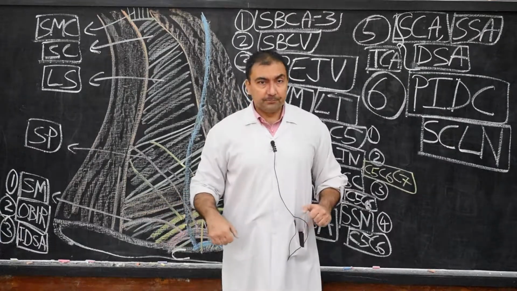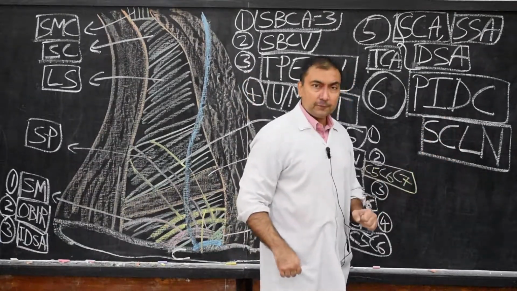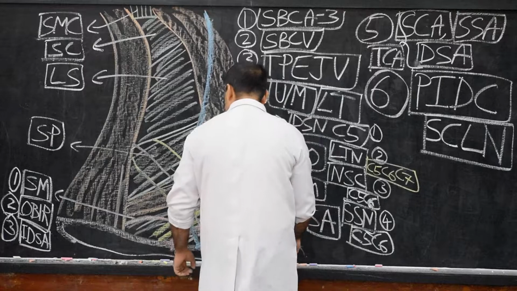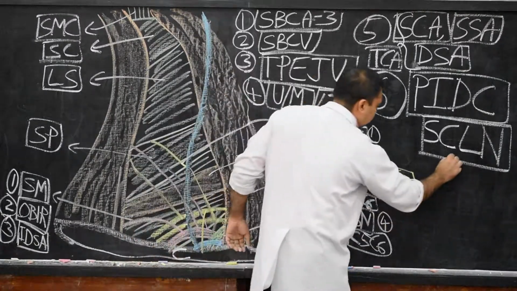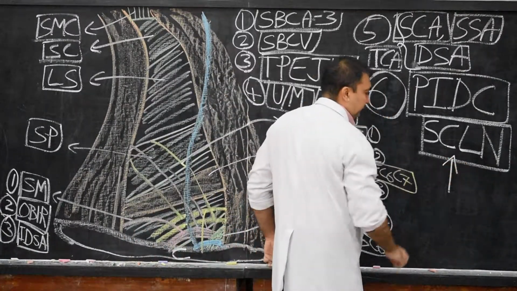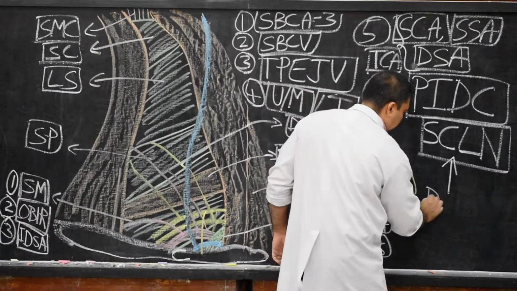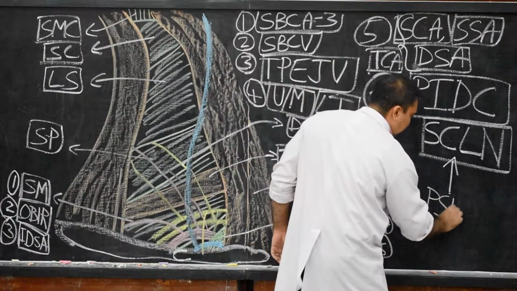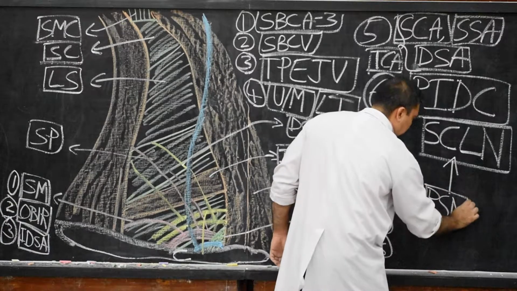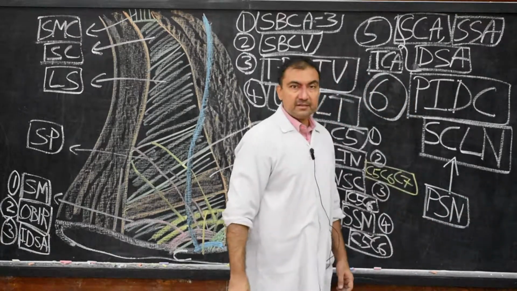Now, where will they drain the lymph from? Here we show with the arrow, they will drain the lymphatic drainage from the posterior part of the scalp and the neck region.